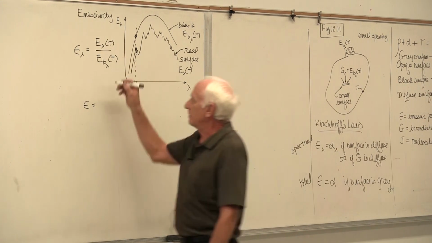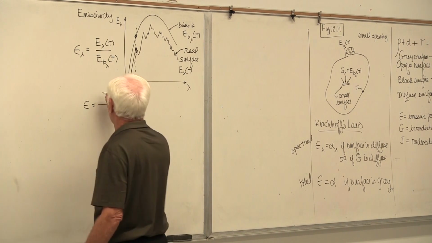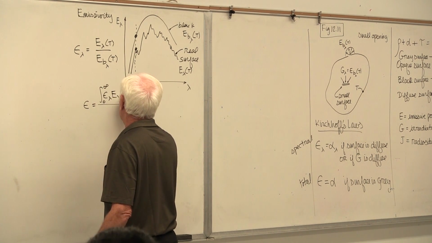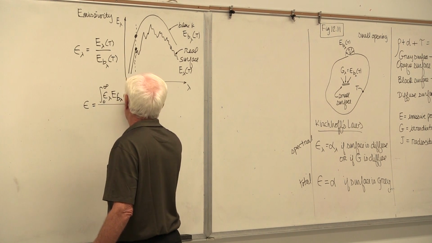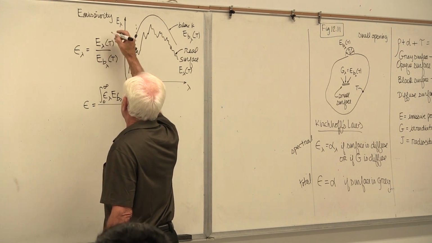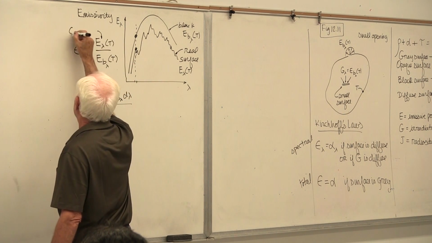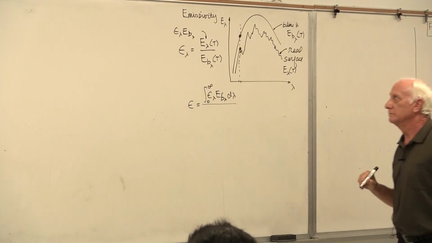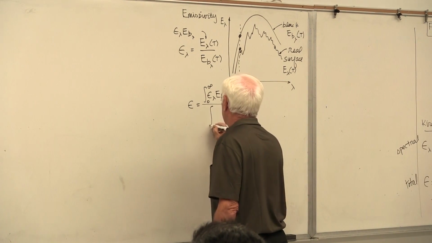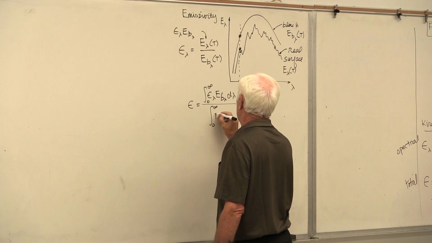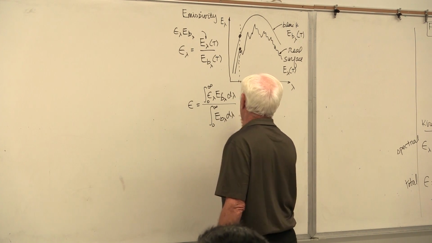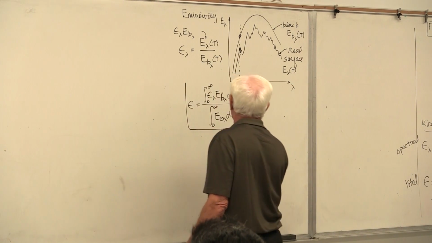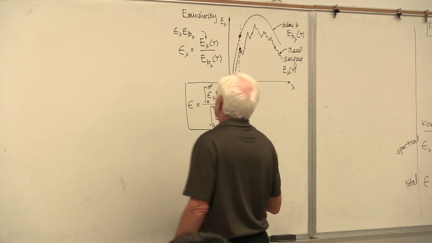So I integrate epsilon lambda, E_B lambda, d lambda, divided by the black body emissive power total. Okay, there it is. Emissivity.